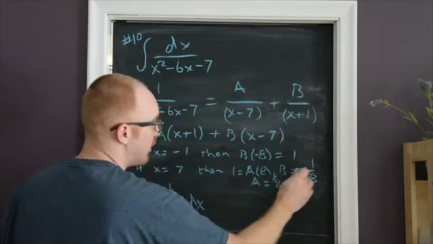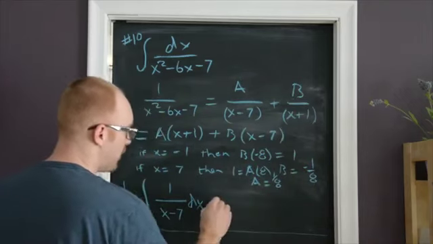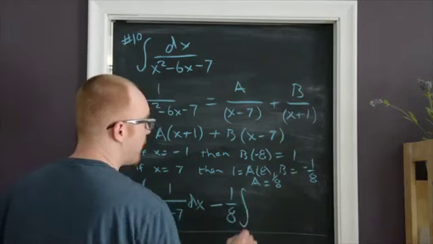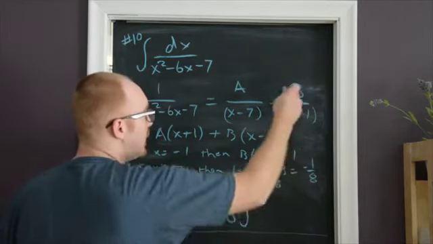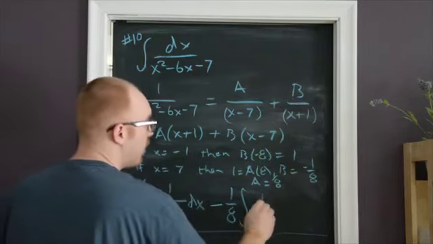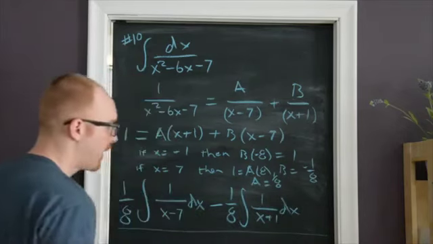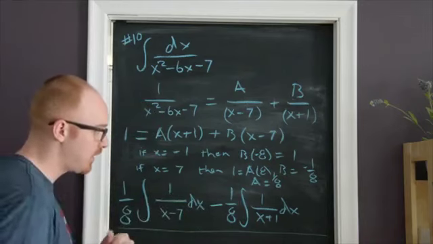And then B was a negative number, so we're going to put minus 1/8, and then the integral, with the 1/8 out front, of 1 over x plus 1 dx. And we can integrate, and both of these would be natural log.